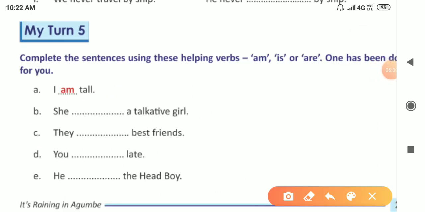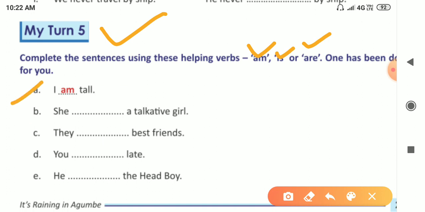Dear students, one more practice is mentioned in your English practice book at page number 25 under the section My Turn 5. That is also a very simple exercise. Complete the sentences using these helping verbs, only am, is or are. We have to choose from these three words.